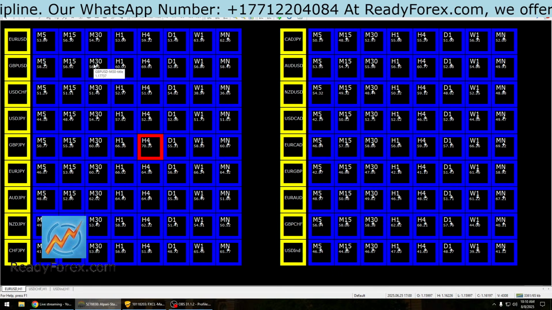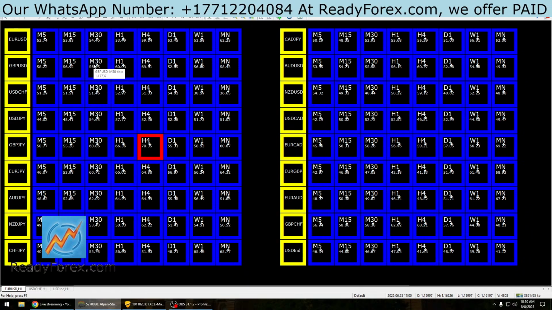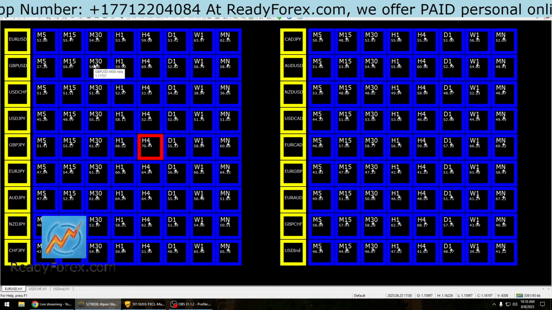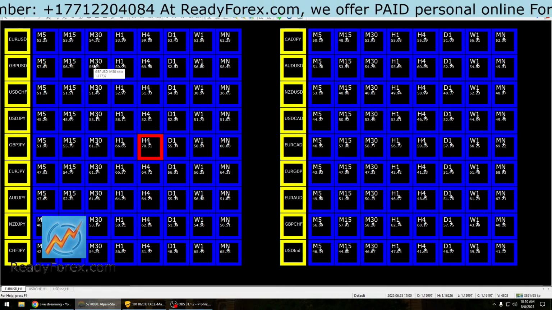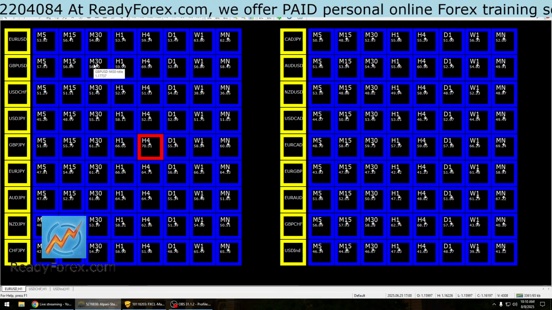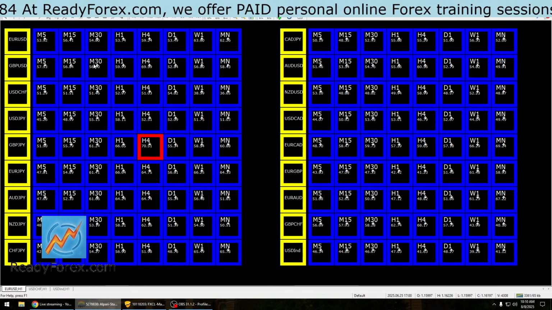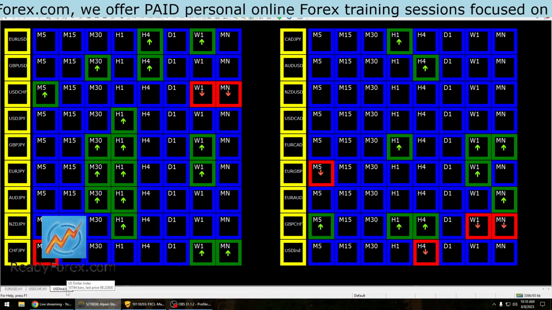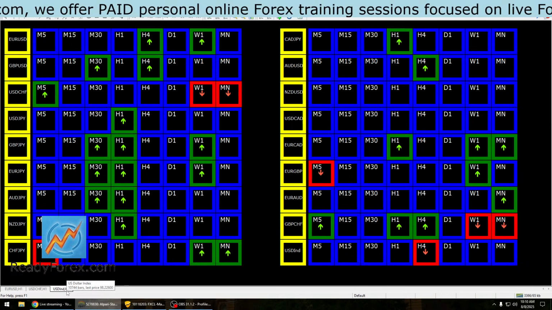So currently I've taken a buy trade inside the AUD versus JPY currency pair, and basically the reason behind opening a buy trade is the trend is up based on Elliott Wave and also based on some of my custom designed technical indicators.